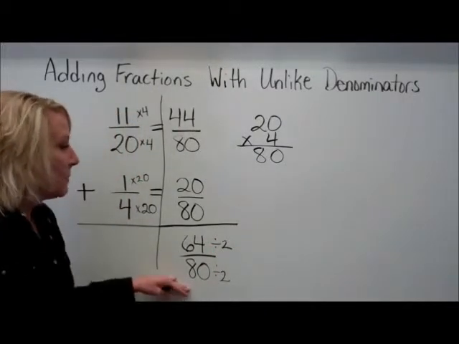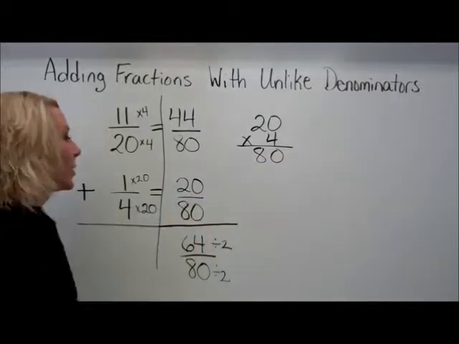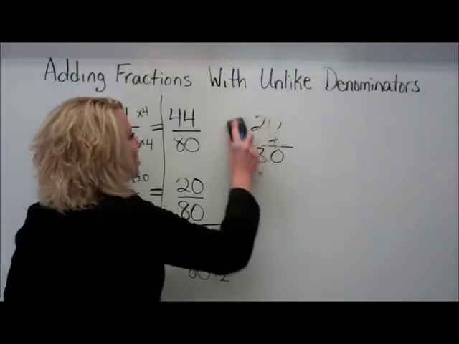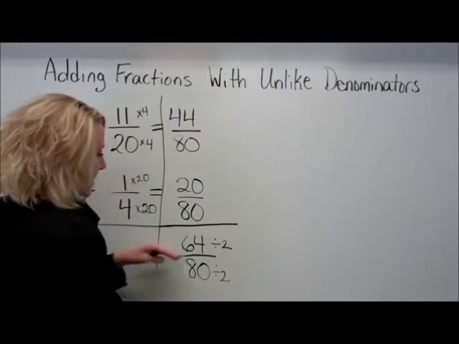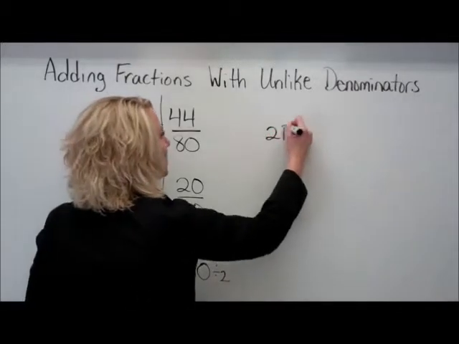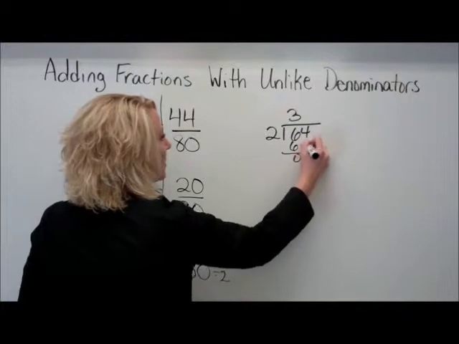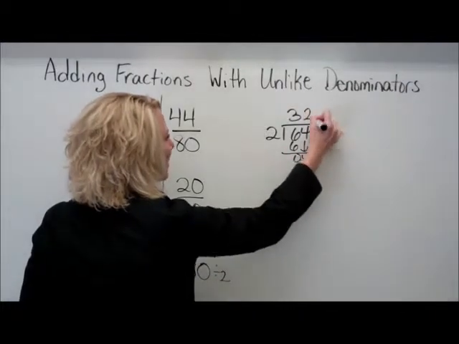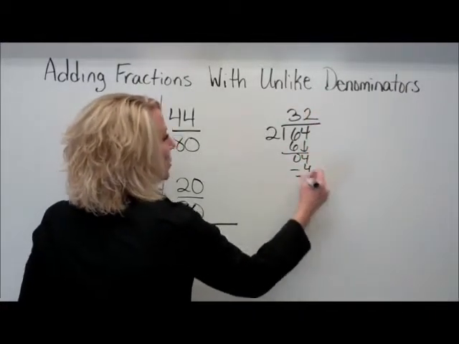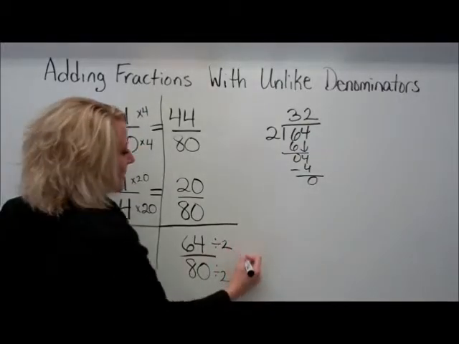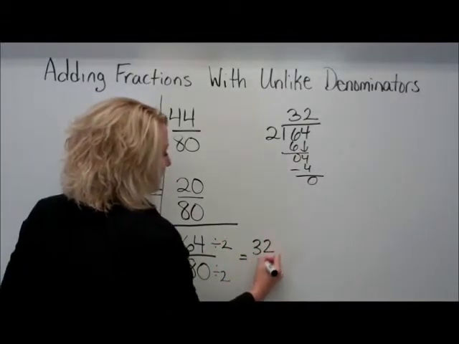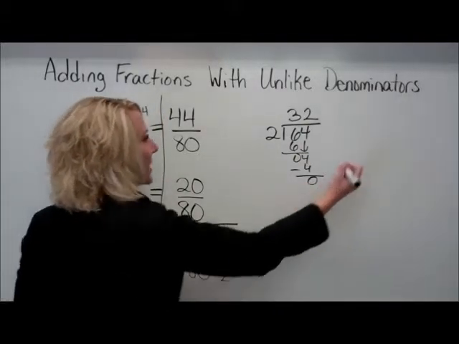Now the students may need to come over here and do the work, and that's okay. To do our work over here, we're going to take 64 divided by 2, and when we do the math, we see that 2 divides into 64 32 times, and then 2 divided into 80.